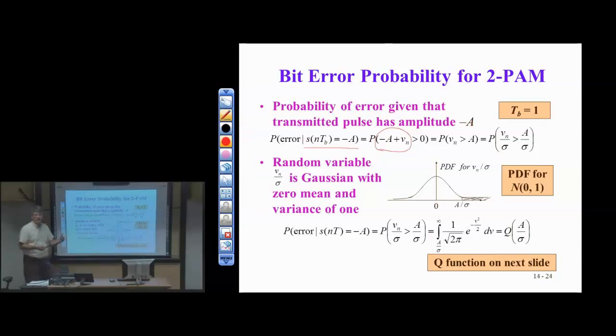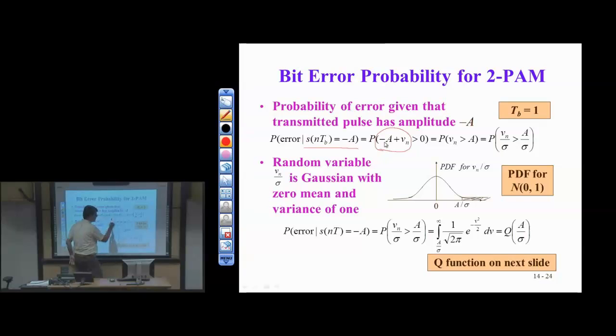Because if I threshold against 0 and I send a bit of value 0, I'm going to make a mistake. Right? So I'm correct if this term, minus A plus Vn, is negative, I'm good. So I threshold against 0, I get a negative value, I choose the right bit. However, if it's positive, it means I made a mistake.